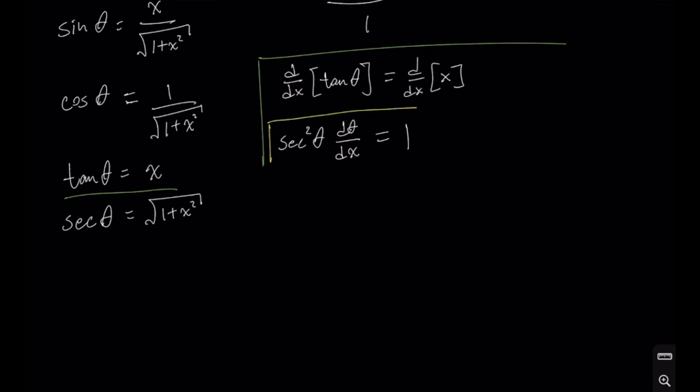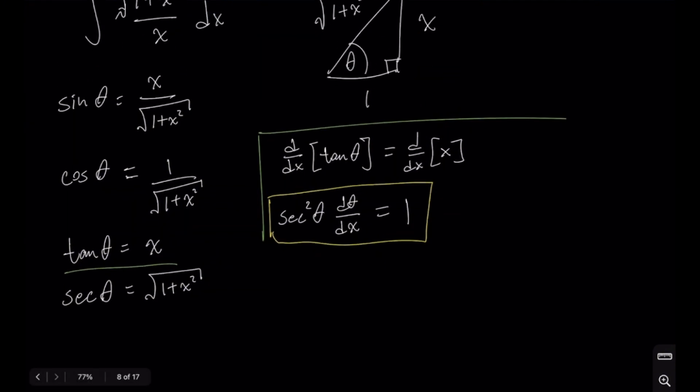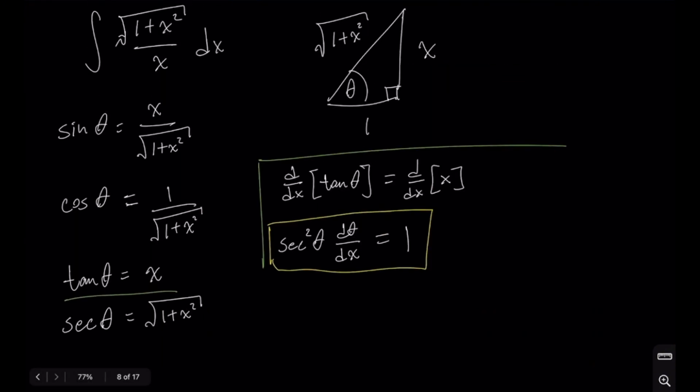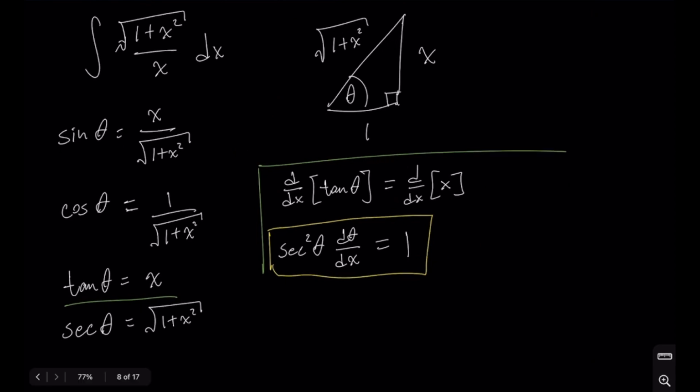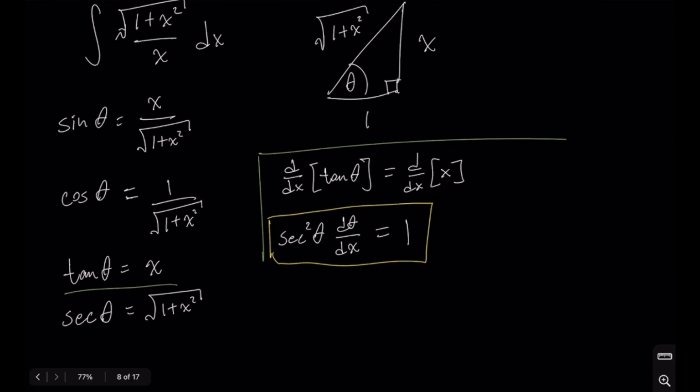We want an expression that's equal to 1, so we can plug it back into our integral. Next, you want to rewrite your integrand using our trigonometric functions, or ratios. So, in this example, I can see that I have the square root of 1 plus x squared.